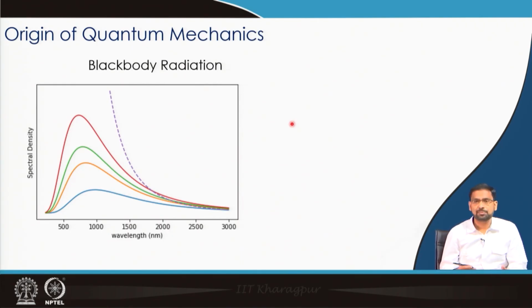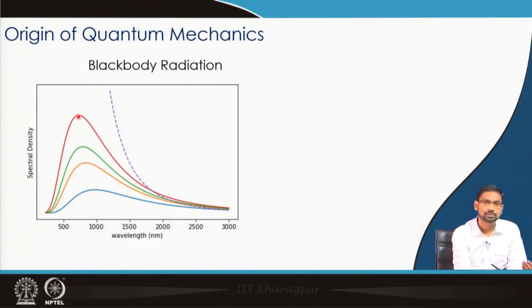Now, when you heat a black body and observe its emission spectrum, or its spectral density, that means which wavelength it emits and by what amount, this is what we get. For example, this plot shows the spectral density versus wavelength. The different curves in this diagram represent the black body radiation at different temperatures.